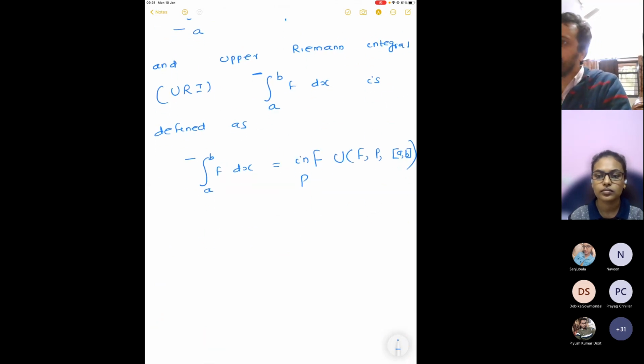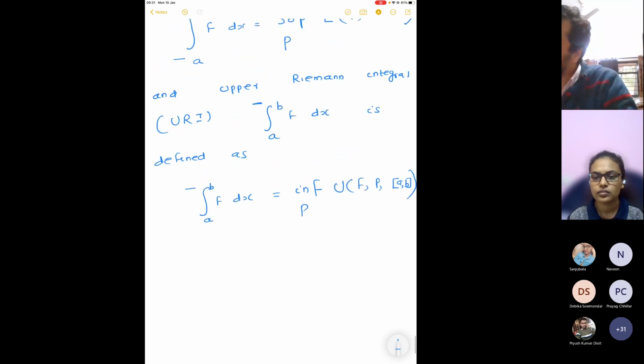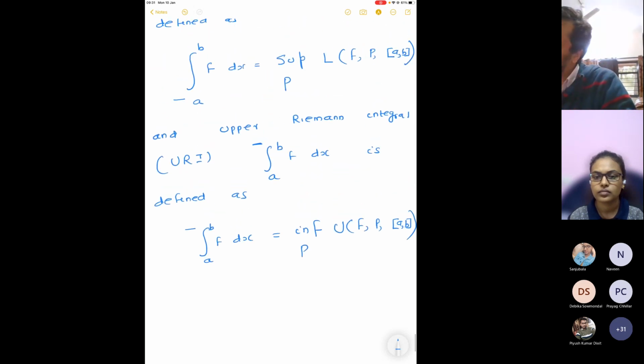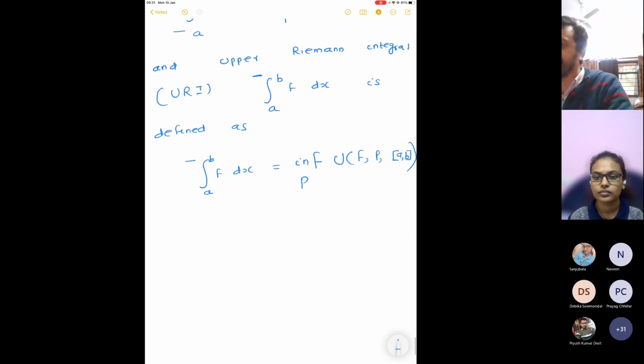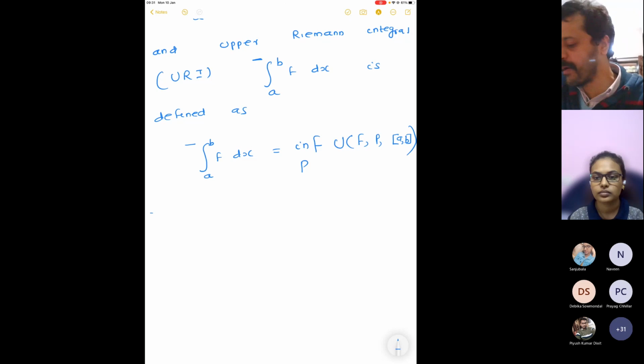The upper Riemann sum will go on decreasing, and so you take the infimum. And we expect that the supremum gives a more accurate estimate of the area under the curve. Okay. Now a theorem.